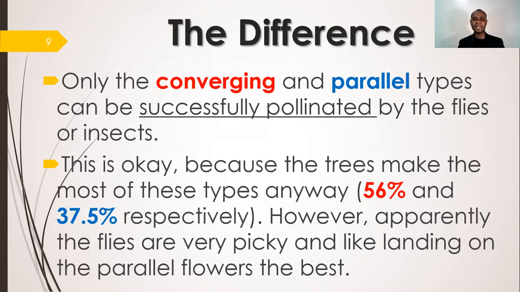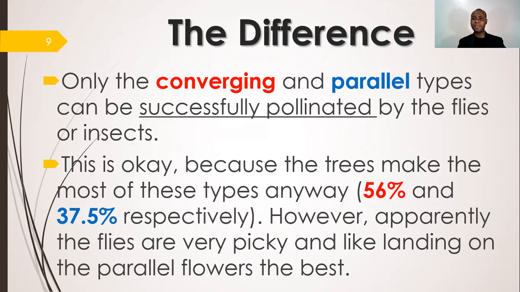Which means that the percentage of divergent flowers is just very few. So apparently, pollinators are picky, and usually they land more on the parallel flowers most of the time.